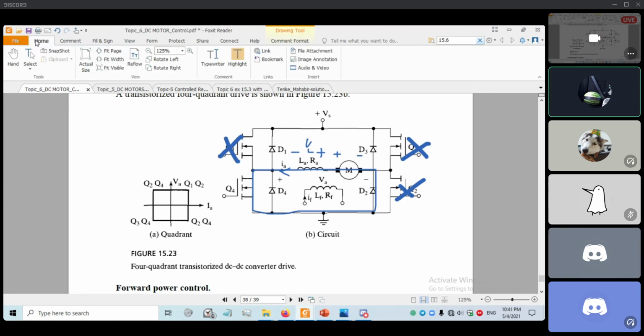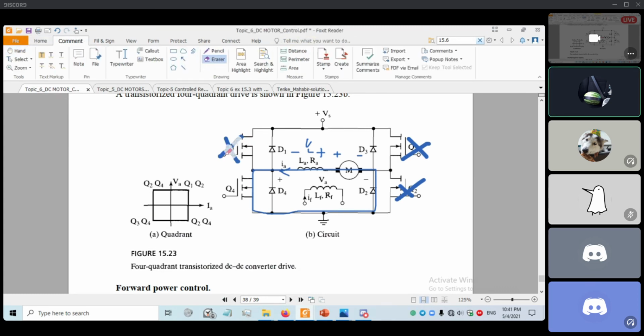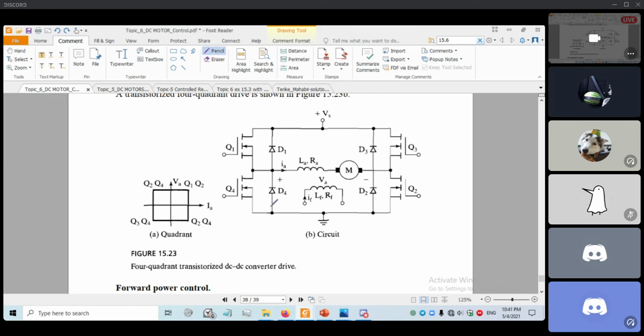IA rises now, and the magnetic field of the armature inductance will store some of the kinetic energy of the armature. And then Q4 is turned off. Remember, this was our EG.